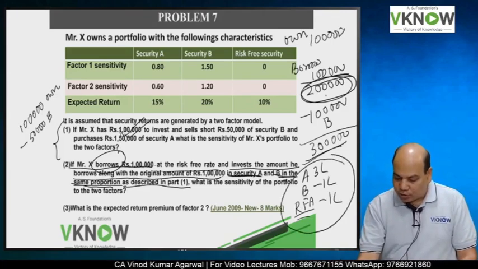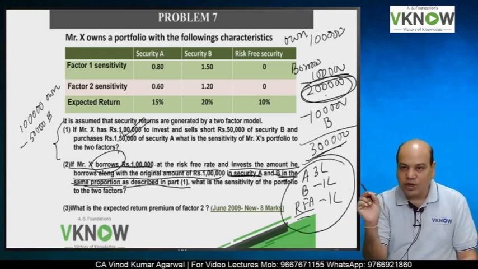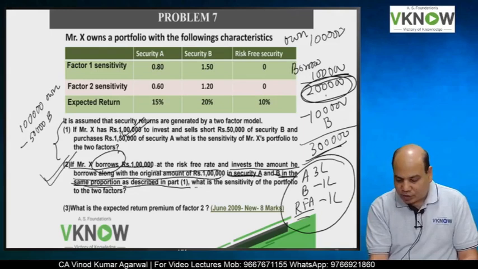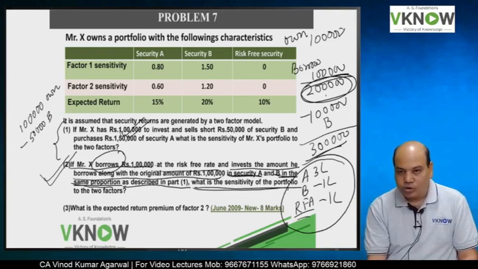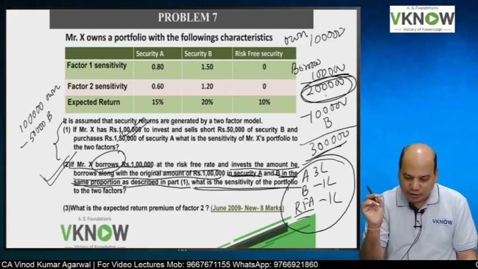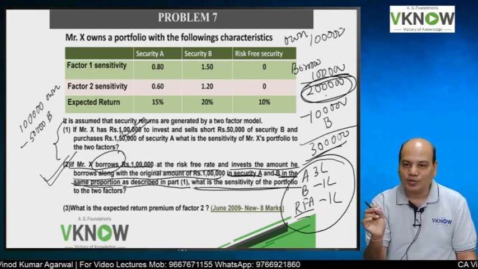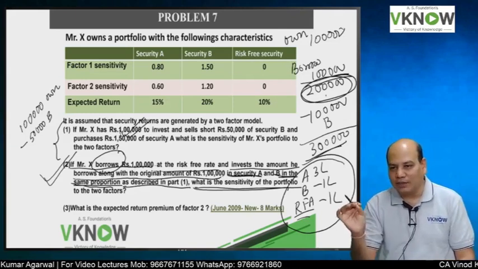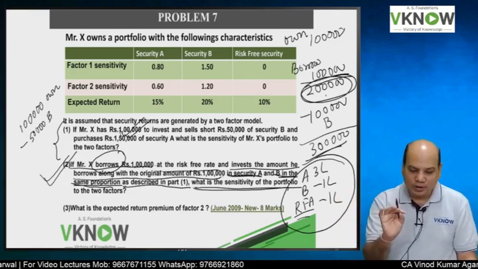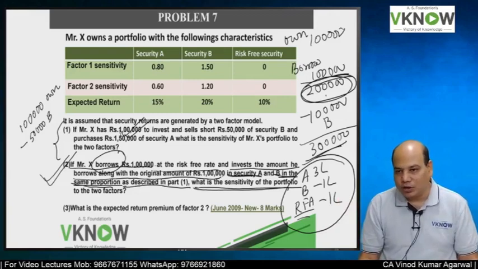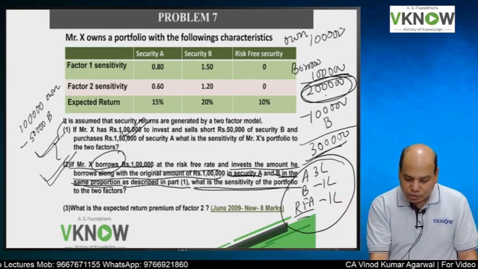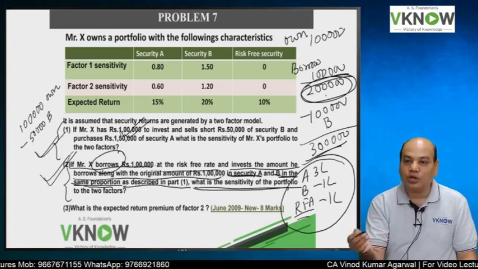So you will have to calculate the weights, and after calculating the weights, you will be able to calculate the portfolio beta for factor 1 and factor 2 by applying weighted average beta. When you have more than one factor, we calculate weighted average beta for the portfolio. Is it right? So these two questions are same. Only in this question they have added borrowing also.